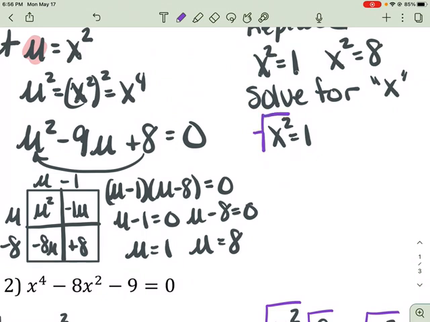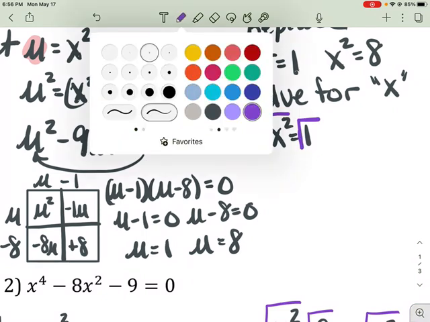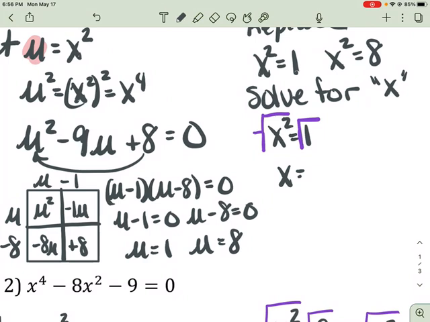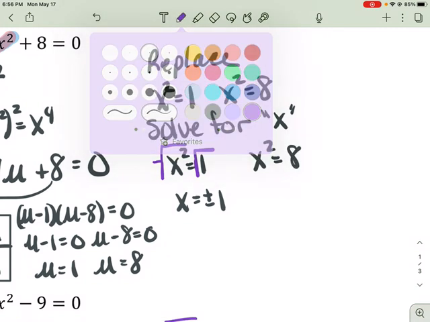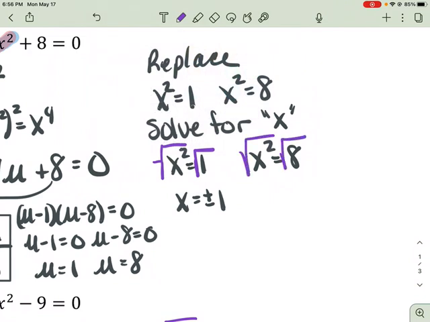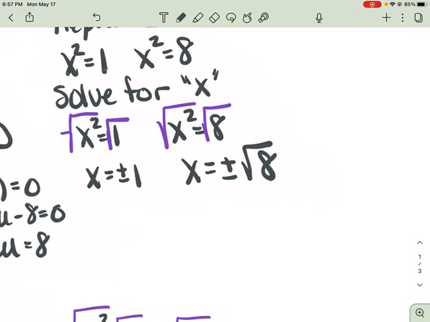We're going to square root both sides. So x equals, and the square root of 1 is 1, plus or minus 1. Okay, all right, so now we get x squared equals 8, square root. Okay, so x equals plus or minus the square root of 8.